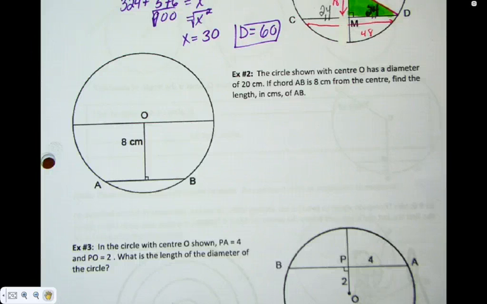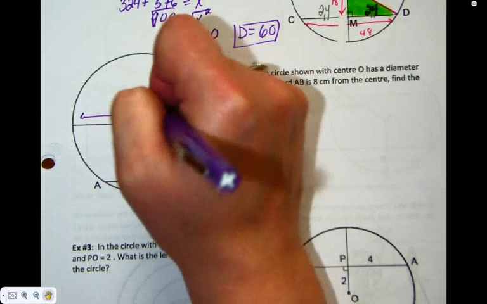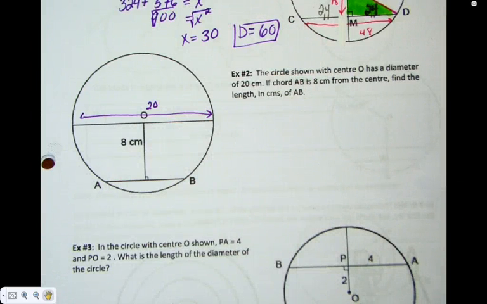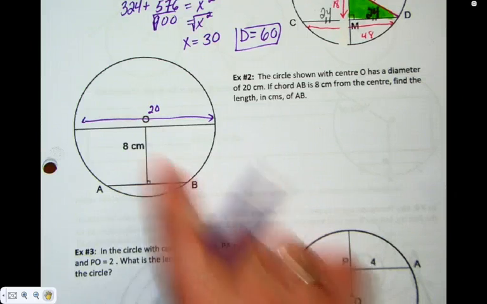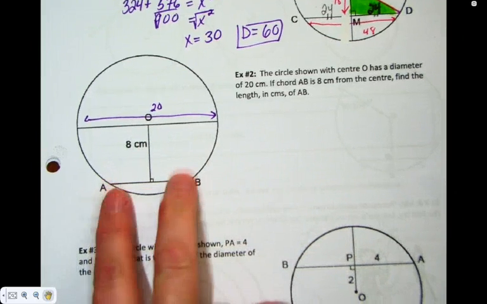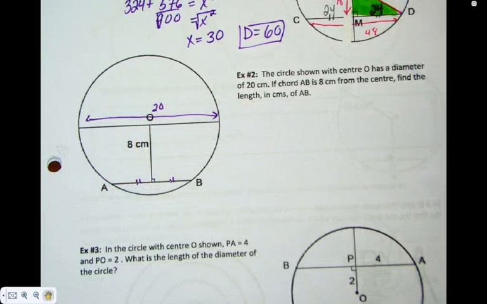The line across O is 20, AB we don't know. And right away you should see the chord property with the perpendicular bisector. So what do we know about AB? Equal. The two sides are going to be equal.